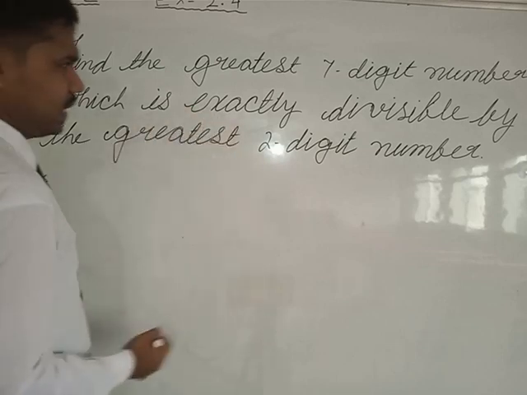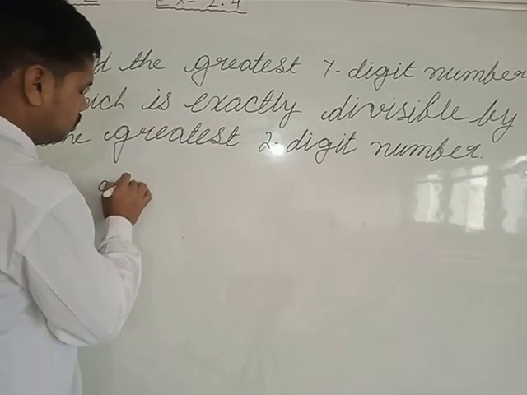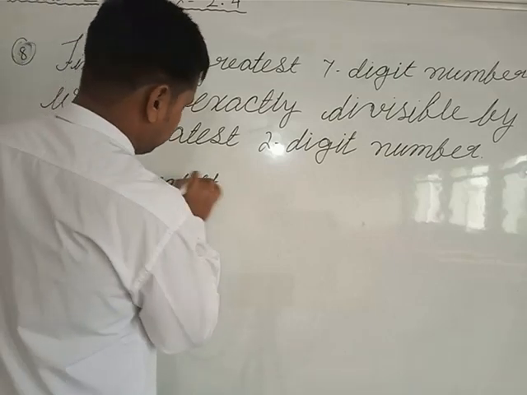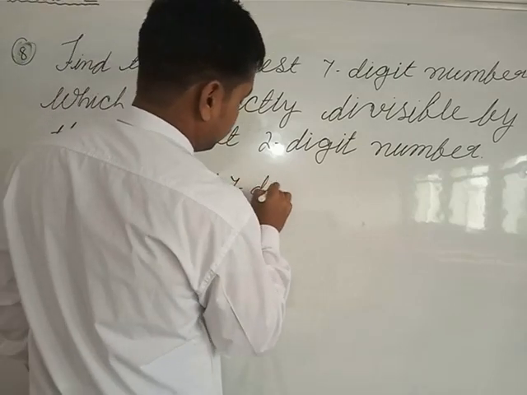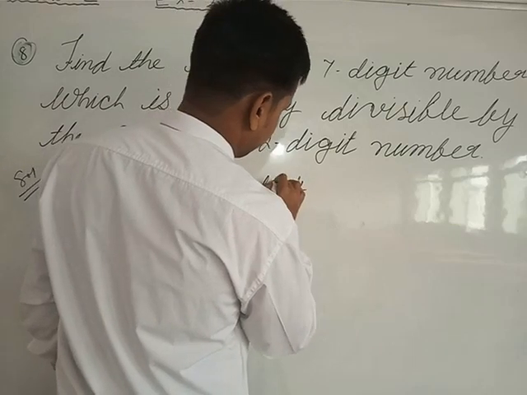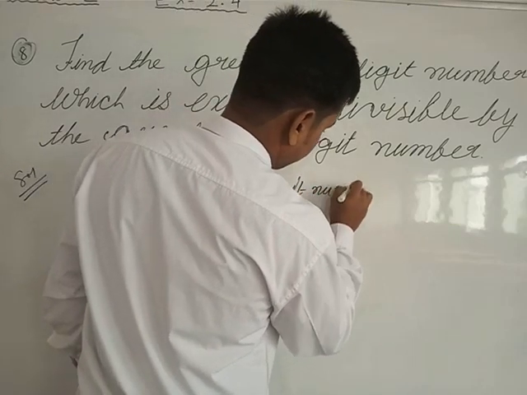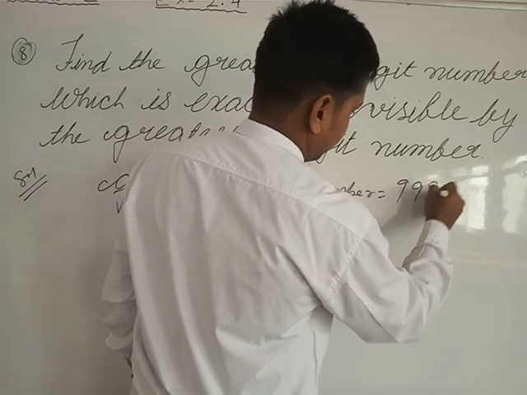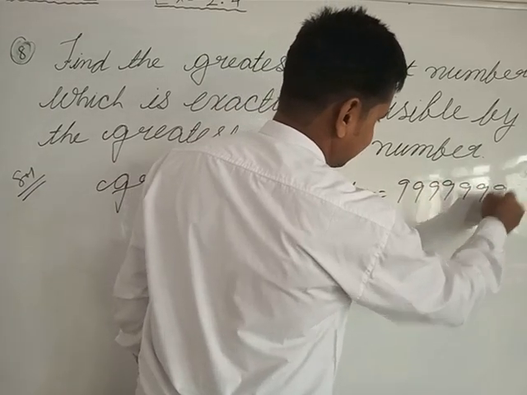We will write: the greatest 7-digit number is 9999999, seven nines, 1, 2, 3, 4, 5, 6, 7.